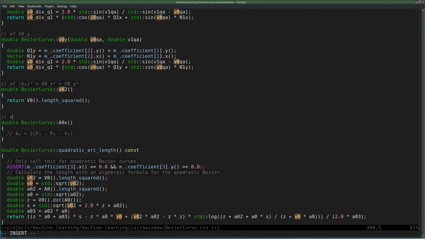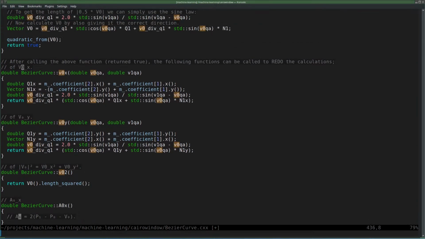Yeah, it's a comment, so let's just use A0 like that. So this would return the X coordinates. And then here I'm using the same subscripts. Subscript 0.